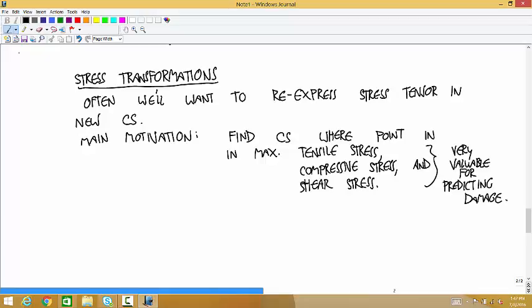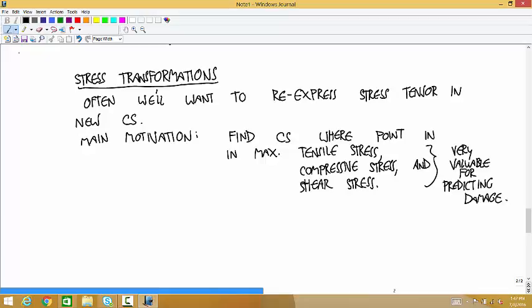Okay, so before we can find those particular coordinate systems, we need to figure out mathematically just how to change arbitrarily from one coordinate system to another one. And the way we're going to do it is related to the way that you do it with vectors.